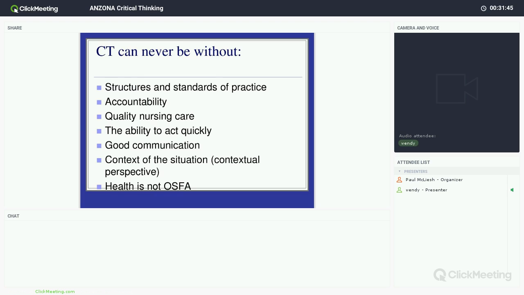And as we've already said, it's the context of the situation that really needs to be taken into consideration, or the contextual perspective. An orthopaedic example of that would be if you've got a young patient that has been admitted with a proximal fractured femur versus someone in the next room, which is an elderly patient with osteoporosis who's also been admitted with a proximal hip fracture.